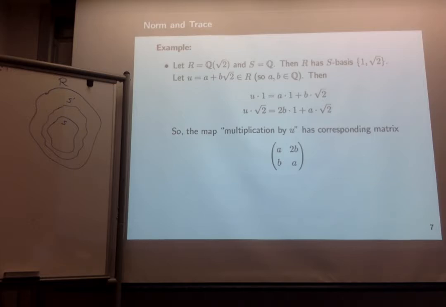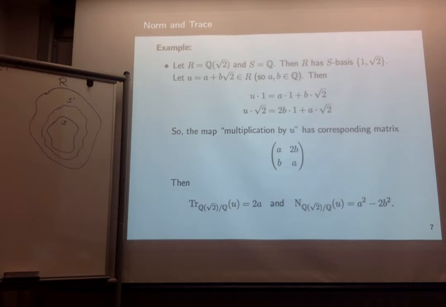We say that the trace of Q join root 2 over Q of the element U is the trace of this matrix, and the norm of the element U is the determinant of this matrix. So that's the norm and trace of an element.